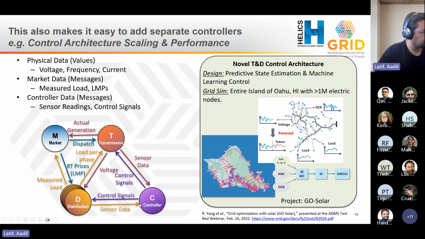So in this case, we've added another federate here. And in this case, these are messages, right? These are not physical values because these are actually sensed and then communicated via a communication channel, right?